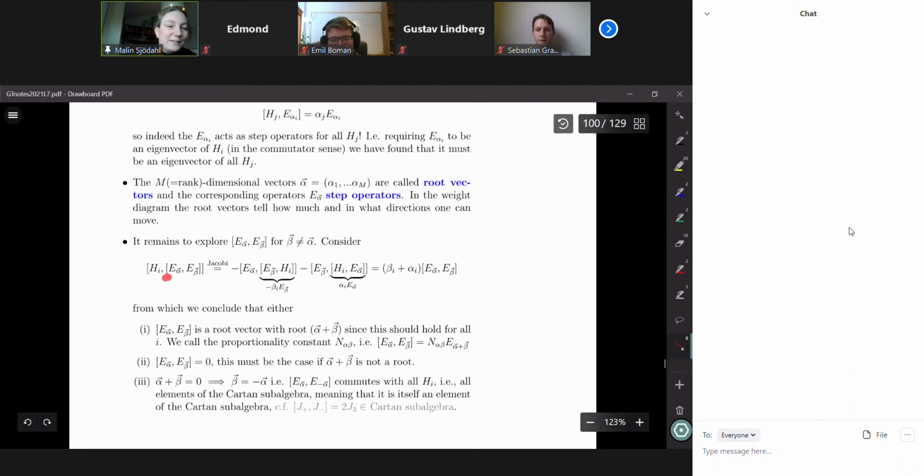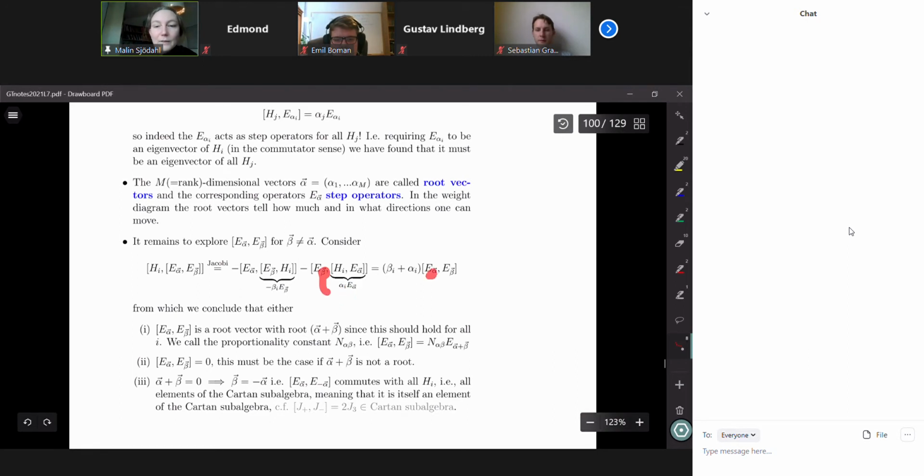And to compare to the left side, I want to have the E alpha standing first. So I write them in this order, and I have minus beta i, then I have beta i, E alpha commutated with E beta, and here I have alpha i, one minus sign from here, one minus sign also from the order of this one and this one.